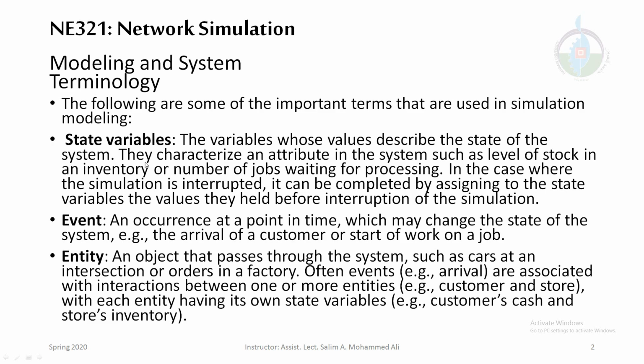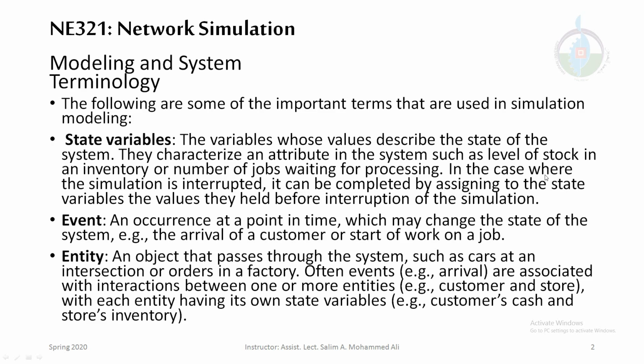They characterize an attribute of the system, such as level of the stock in an inventory or a warehouse, or number of jobs waiting for processing. Any variable inside the system, we can assign it as a specific state variable for that system. Any system may have more than one state variable.